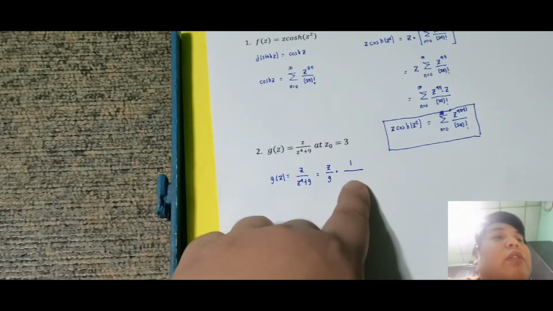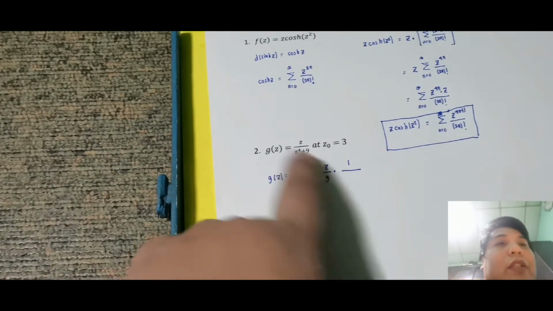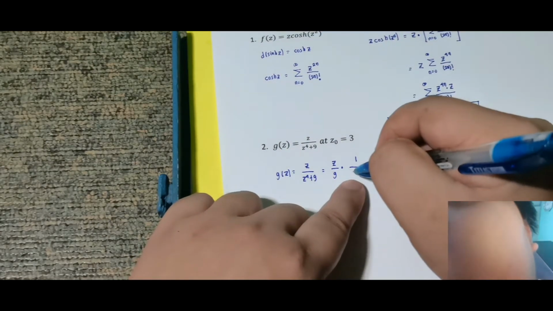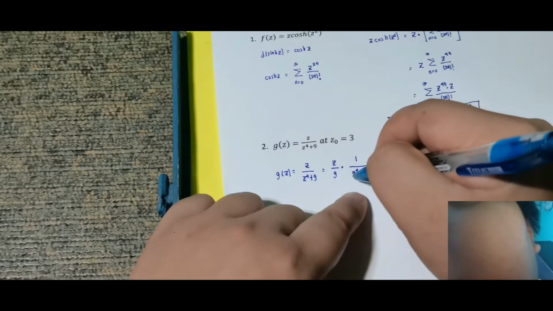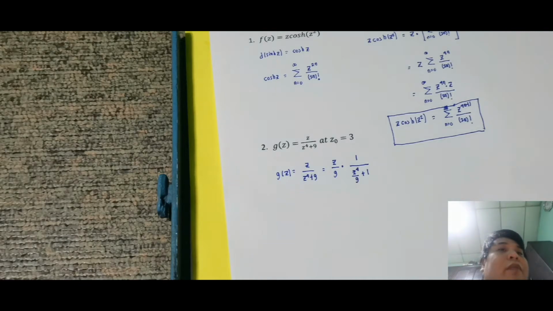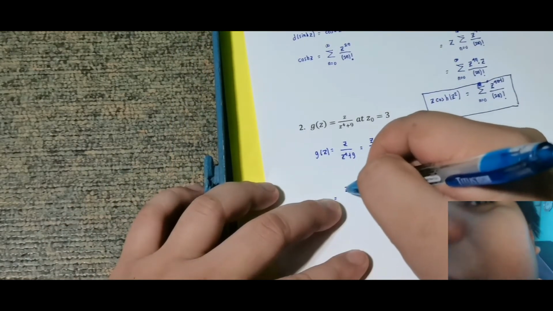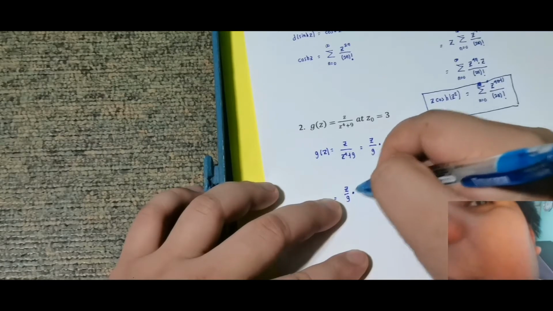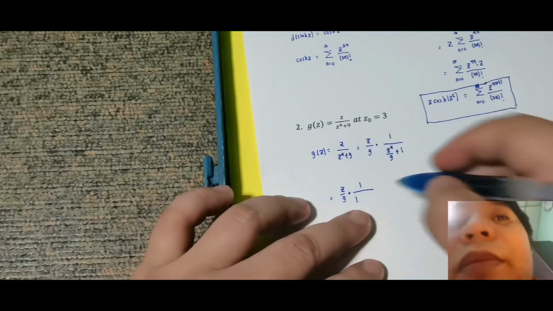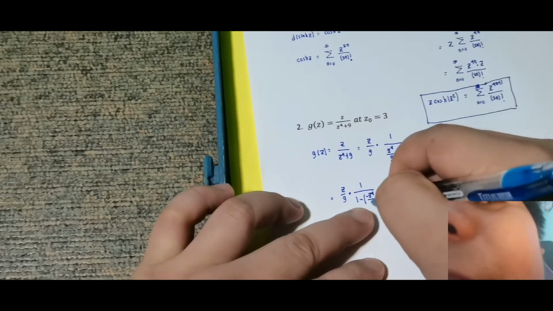Okay, ngayon, nung pinactor out ko yung 9 sa ilalim, yung z to the 4 nagkaroon ng 9 sa ilalim, then yung 9 naging 1 kasi nilabas ko siya eh. Okay, then i-arrange na lang natin konti. So this is basically equal to z over 9 times 1 over 1 minus negative z to the fourth over 9.